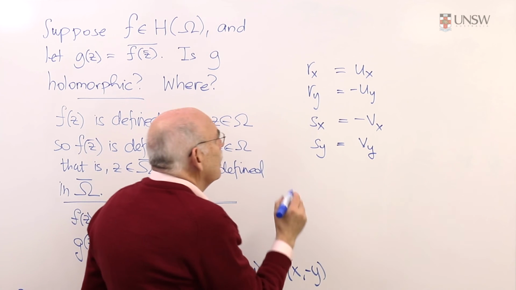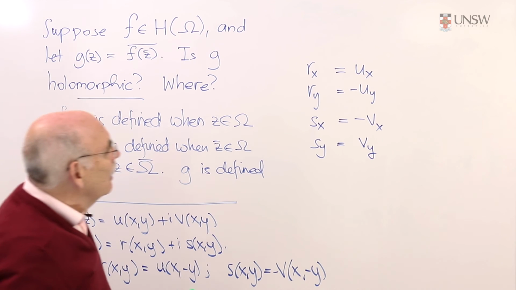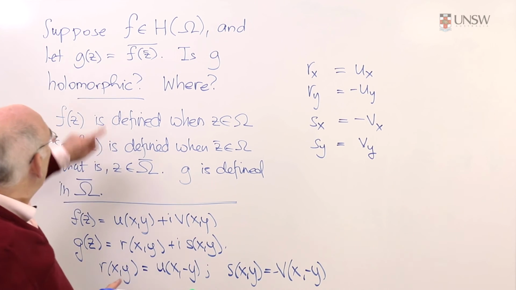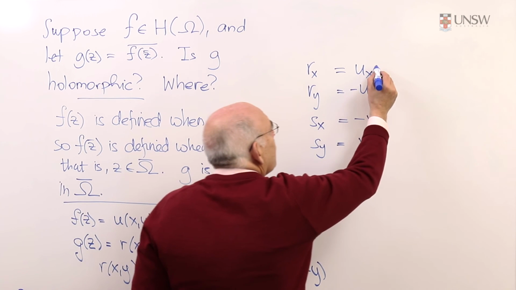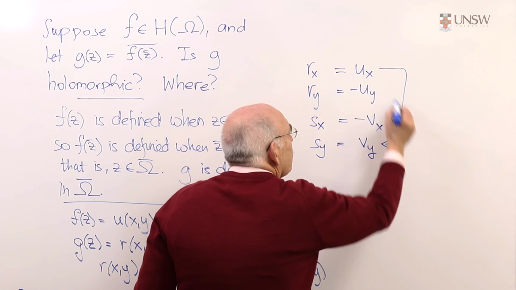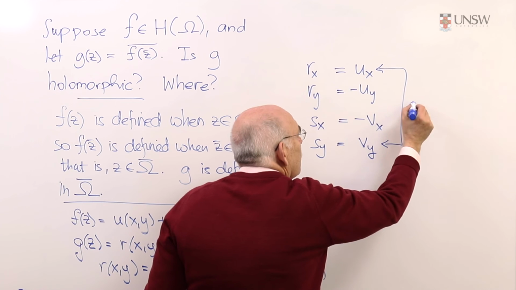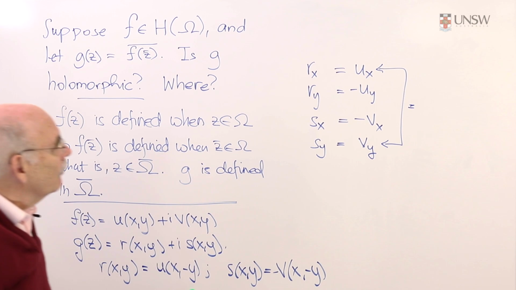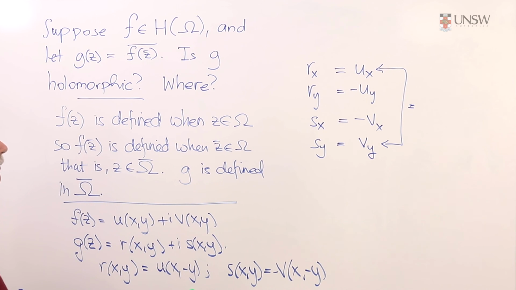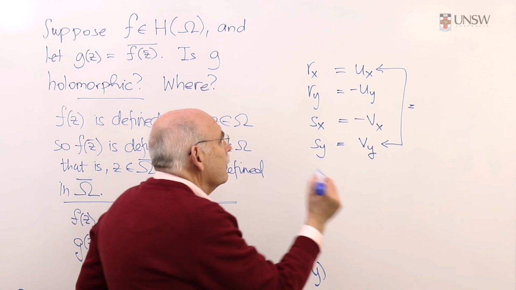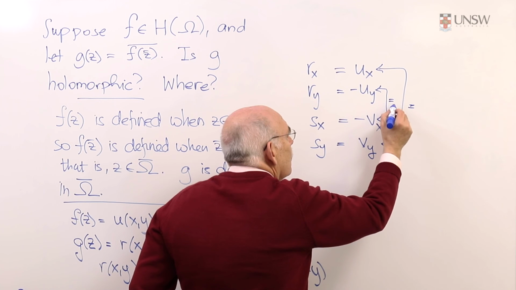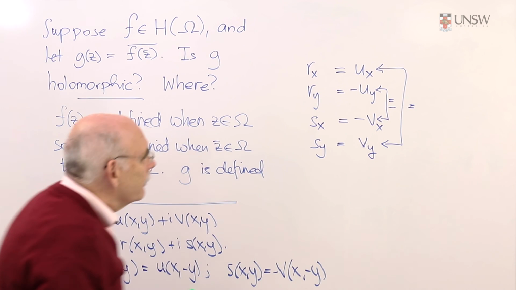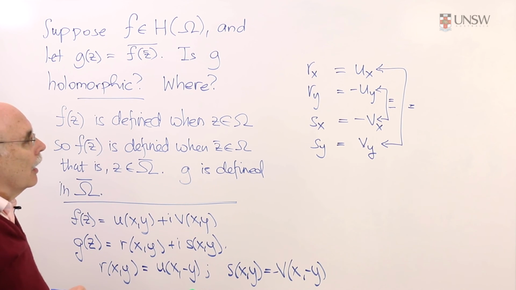So, if the Cauchy-Riemann equations hold, which they do for f, that says that u x is equal to v y, and if the Cauchy-Riemann equations hold, it's also true that v x is equal to, with a minus sign, u y.